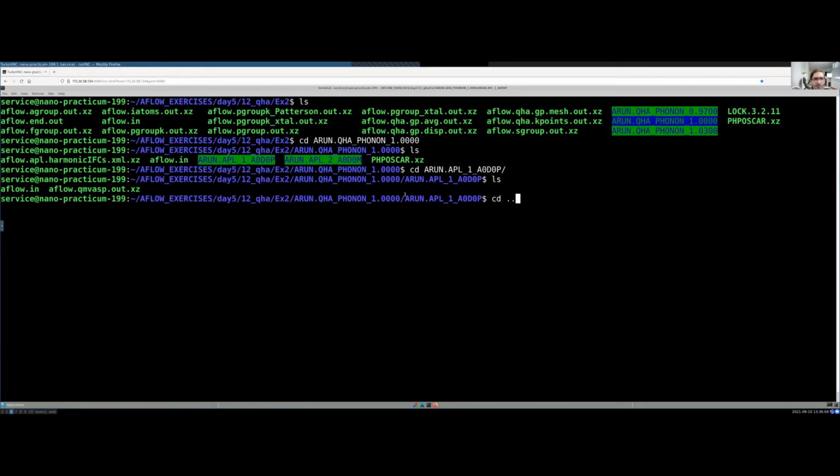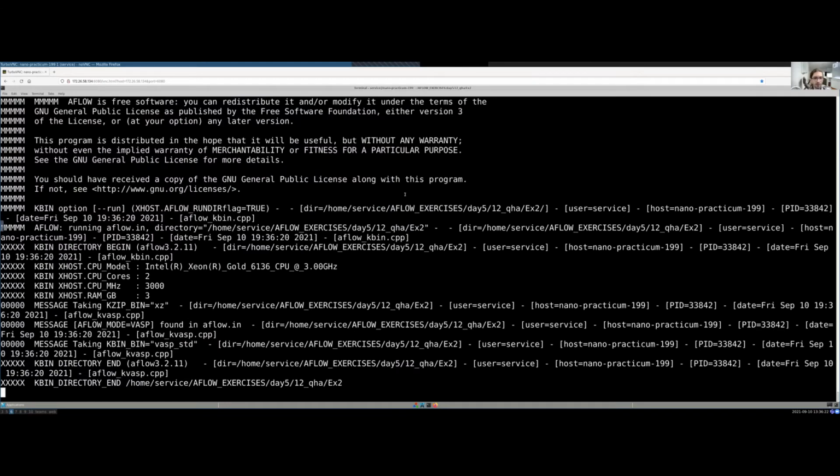I only have the important files. And then you can do a post-processing step. So you will again run aflow --run, generate AFLOW only command. It will take some time, but not too long.